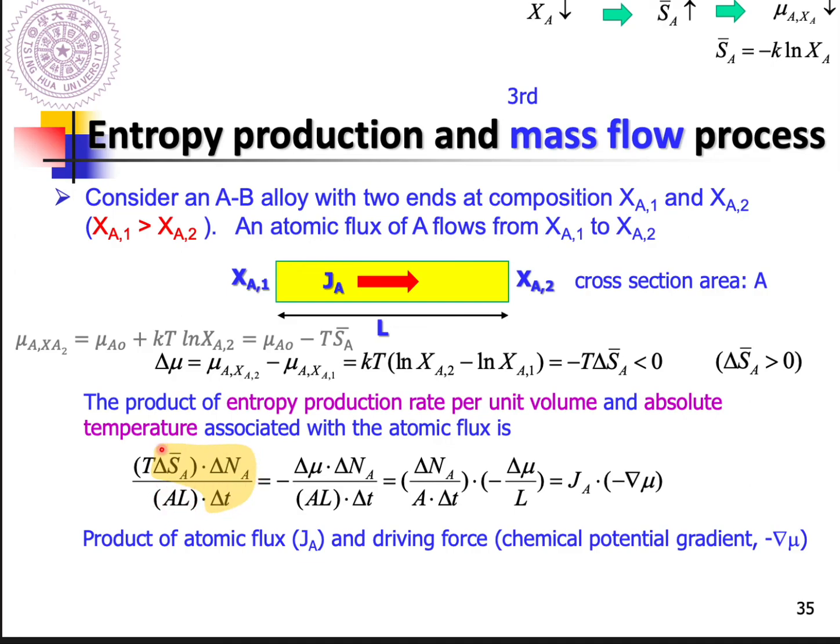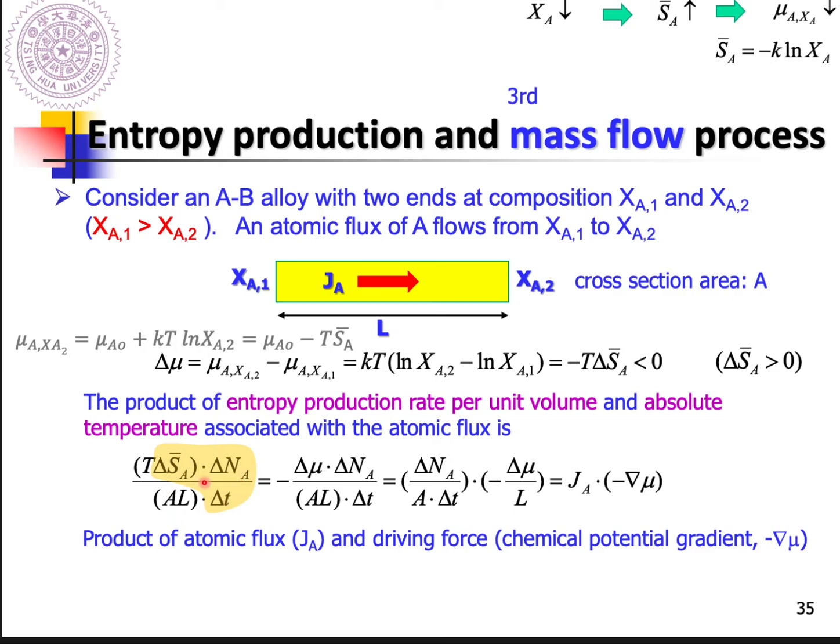During this diffusion process, the total entropy production is the entropy production for one atom, summed over the total number of A atoms. So this will be the total entropy production rate per volume.